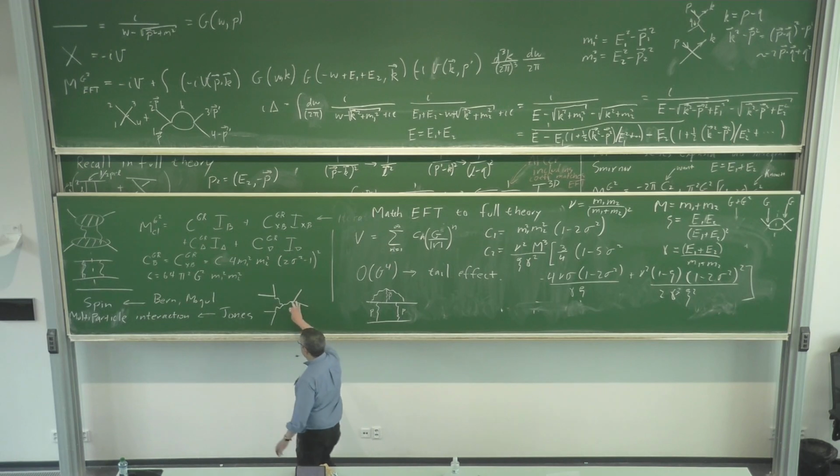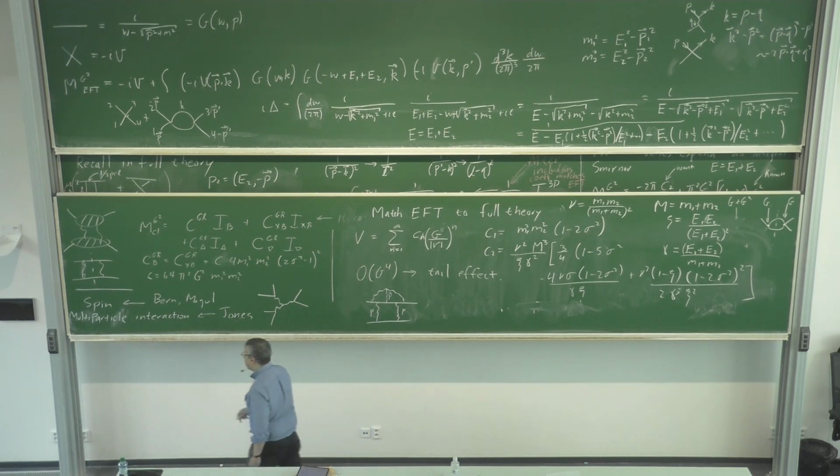Basically, any Feynman diagram that you can't disconnect into a two-body interaction, anything that's connected like that, that's a new interaction. That's part of general relativity, and of course we have access to it through particle physics.